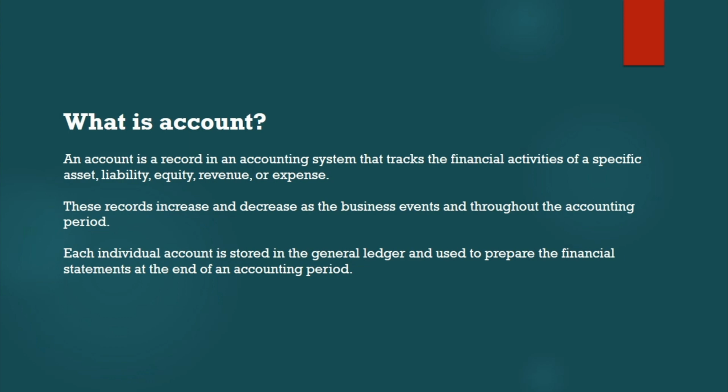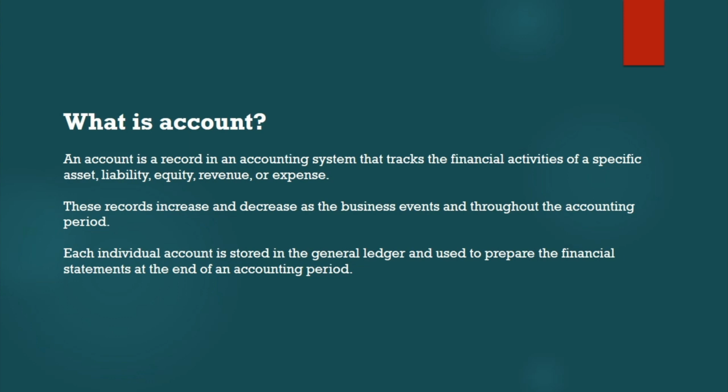Like assets, they are purchasing assets, they are paying vendors and suppliers, or there are equities from shareholders, partners or owners, the revenue, the income or expense. Whatever is happening, they should record it first, correct? The company needs the record.